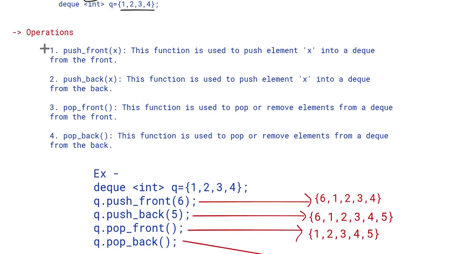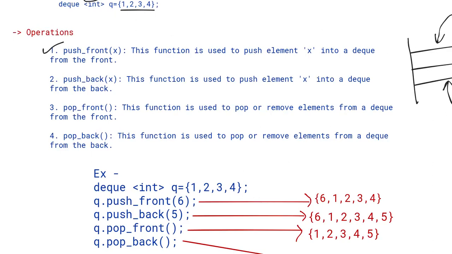Okay, so what operations can it offer? One operation, obviously, is push_front. It pushes at the top of the list. If this is a list like this, it will push one element to the top of the list like this. And if you say push_back, it will push elements from the back.